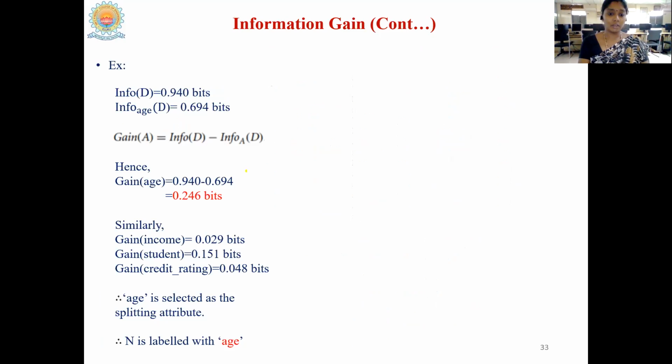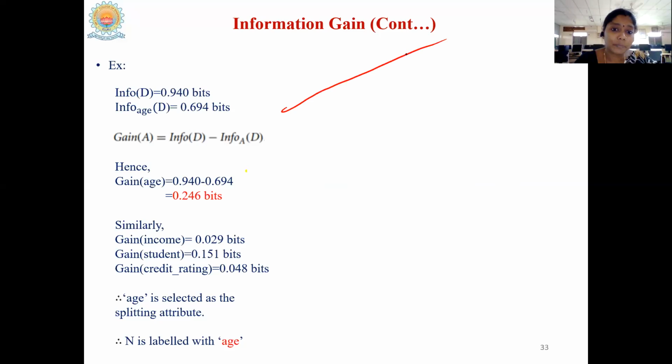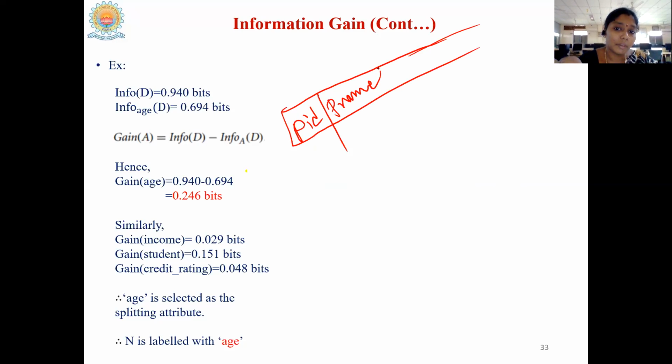Suppose you have a database consisting of product ID, product name, price, like this.